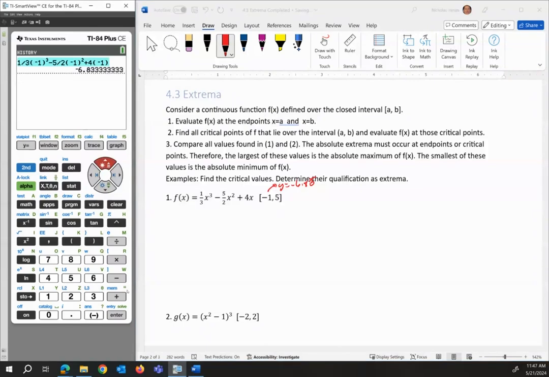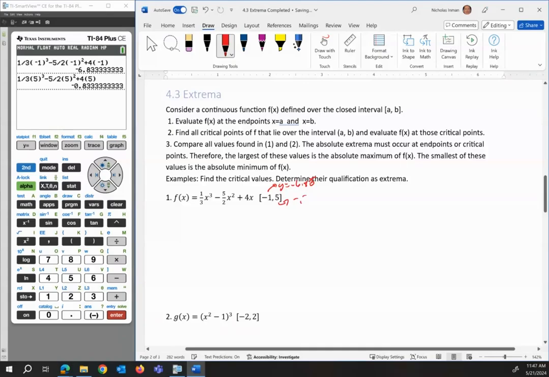If we then plug in +5, we're at 0.8. So we start way down here at -6.83, and we end up here at 0.8. I know it starts here and it ends there. Okay, cool.